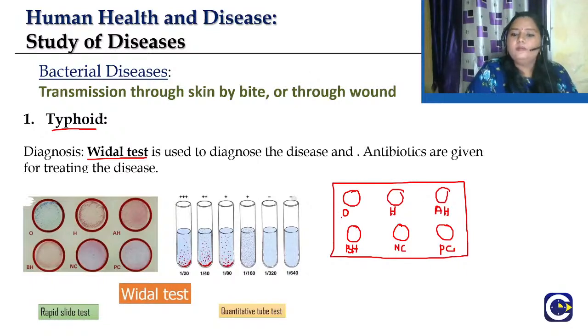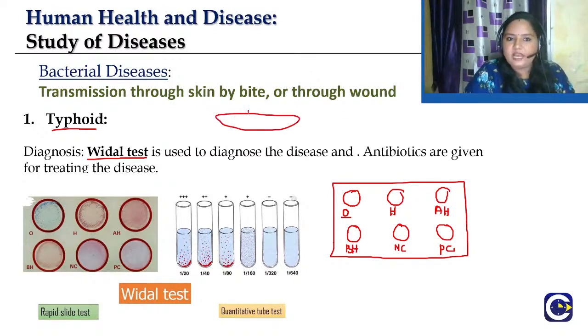On the cell wall of Salmonella typhi, the bacteria, there is something called antigen. Salmonella typhi has O antigen and H antigen. Salmonella paratyphi A and B have AH and BH antigen along with O.